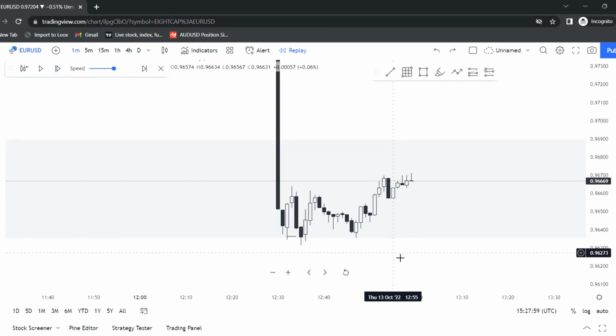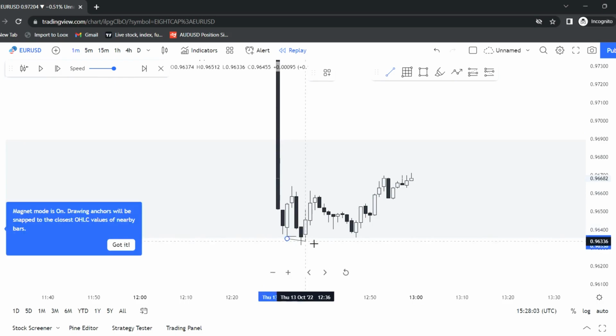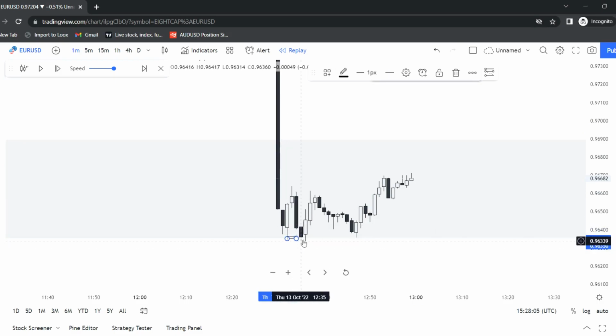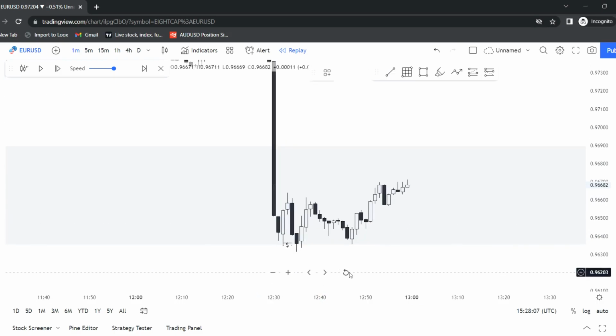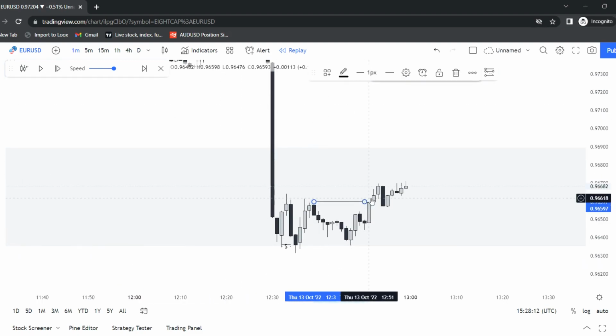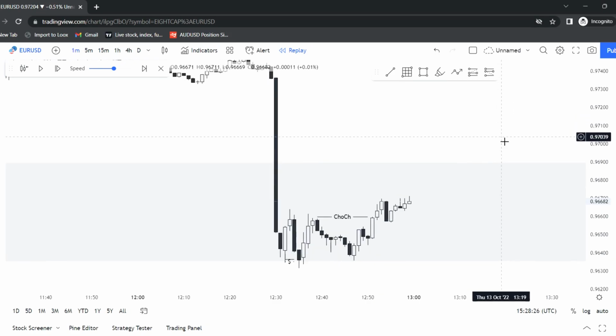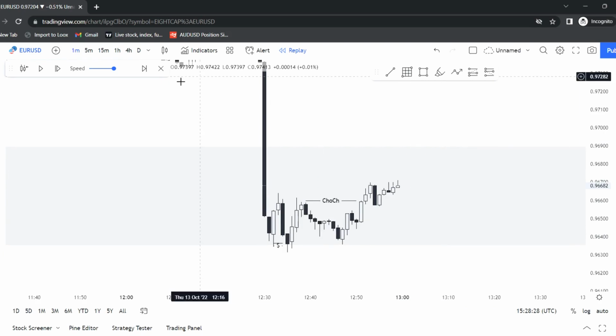In my opinion, price took liquidity from this area right over here, and it resulted in a very minor change of character. This isn't enough for us to take along as of yet, because this is a 1-minute time frame and we are super counter trend, so I'm personally going to wait for a little more confirmation.